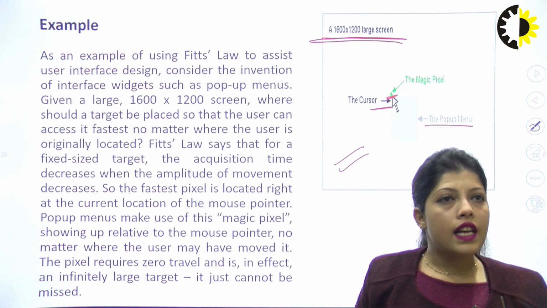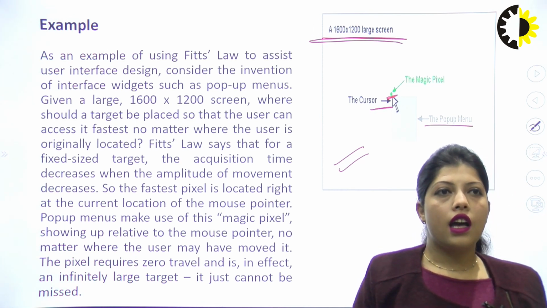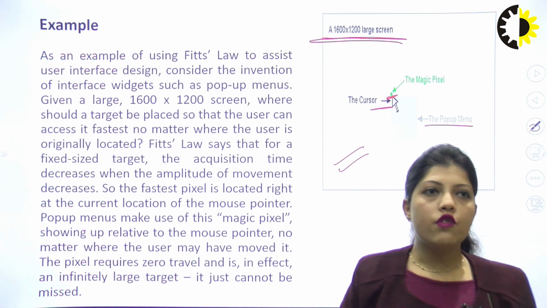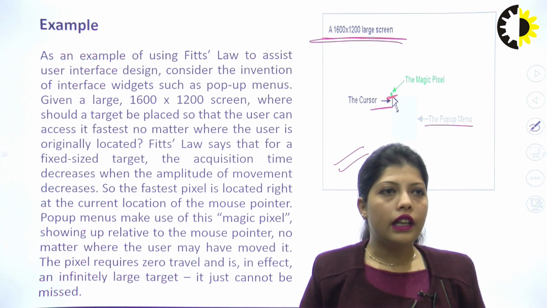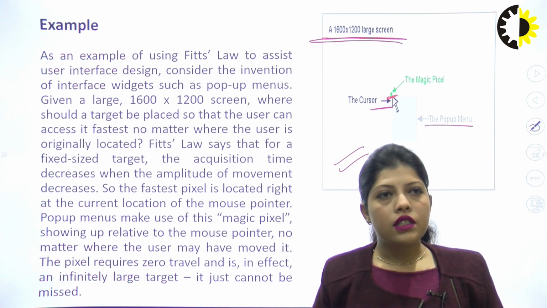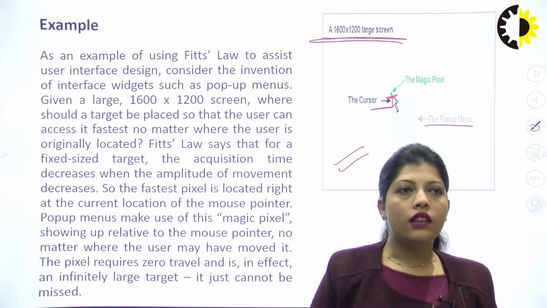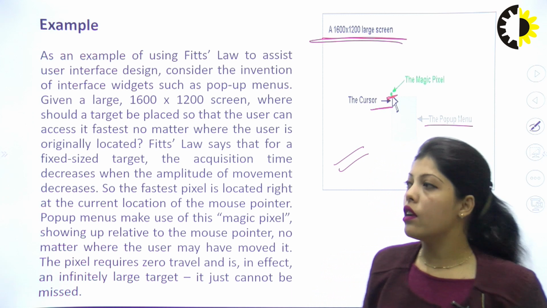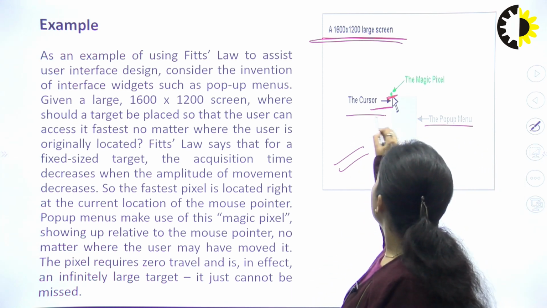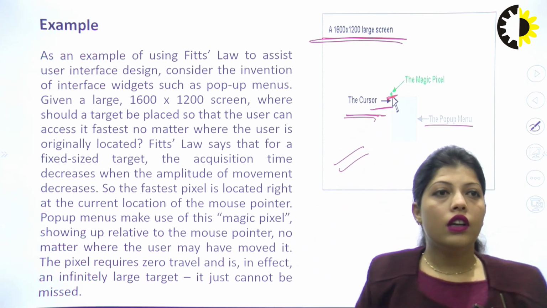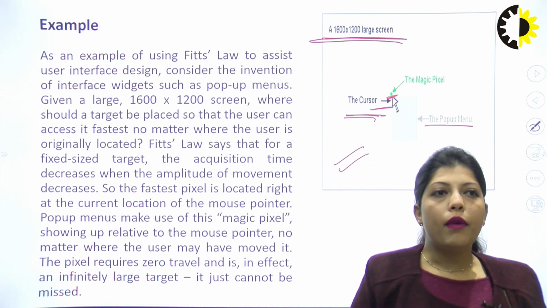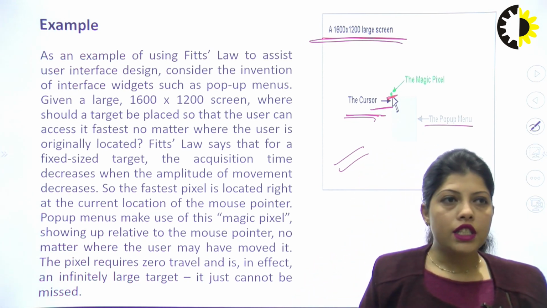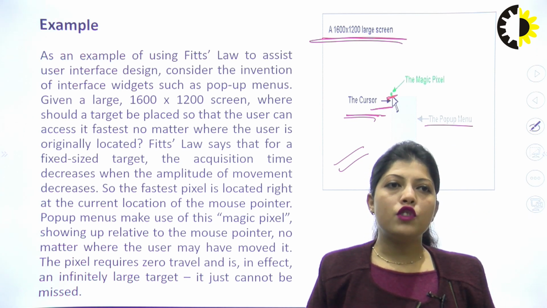Fitts law says that for a fixed size target, the acquisition time decreases when the amplitude of movement decreases. So the fastest pixel is located right at the current location of the mouse pointer. Pop-up menus make use of this magic pixel, showing up relative to the mouse pointer.